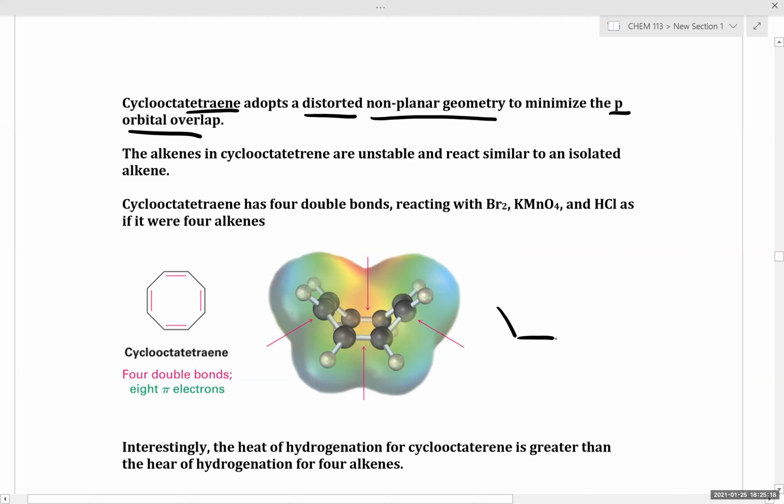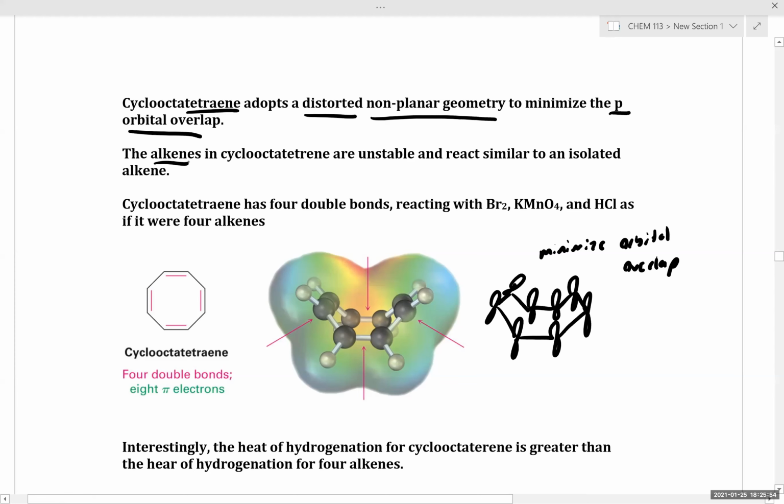So cyclooctatetraene adopts almost a tub-like structure, and the reason for that is it makes it much more difficult for the entire set of p orbitals in the ring to engage in effective conjugation. So cyclooctatetraene adopts this distorted geometry to minimize orbital overlap and thus minimize some of these destabilizing anti-aromatic effects.